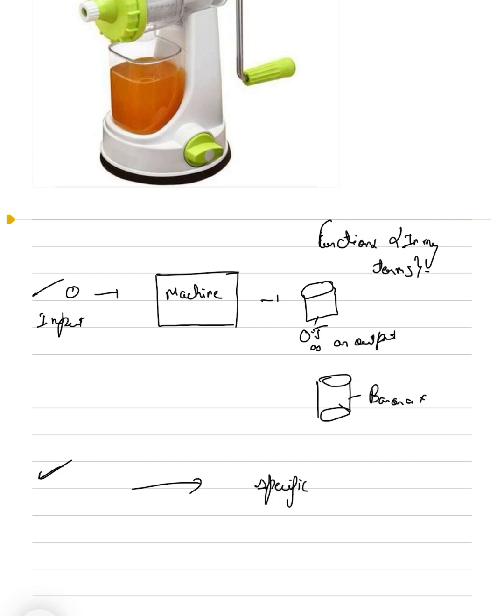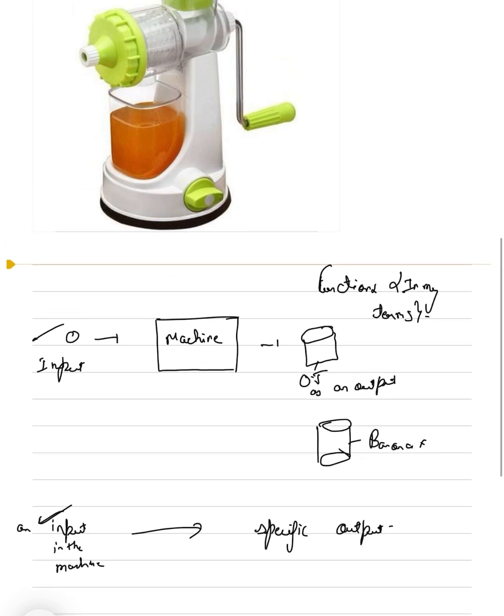One thing is clear: if you provide an input in the machine, you are going to get a specific output. And let us consider that I provided oranges, but I don't get any output. Here is a machine that I put my oranges into, and I get no output.